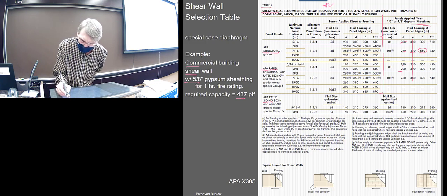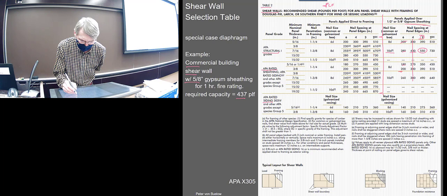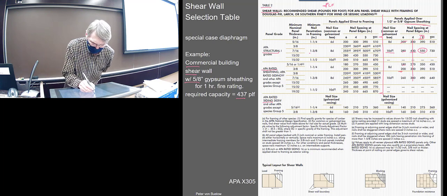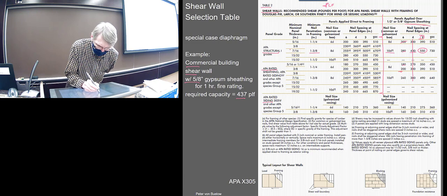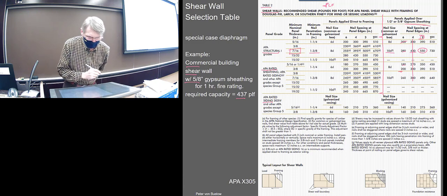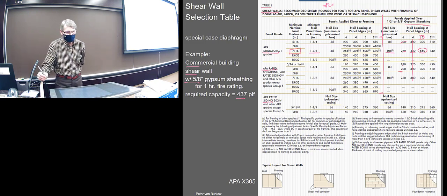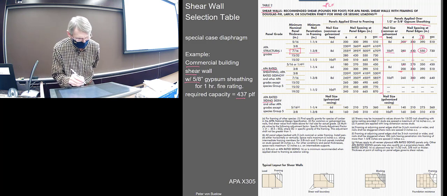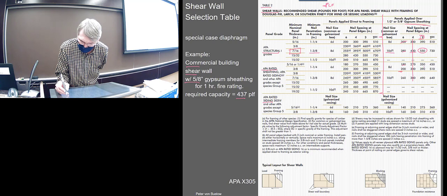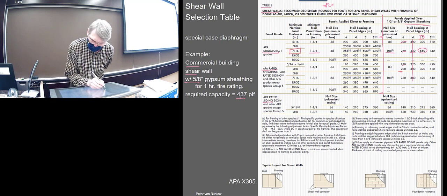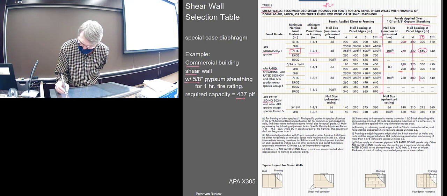This would be nailing at 3 inches on center with 10 penny nails, and that's the penetration, sorry, 7/16ths. Oh, that's a structural. Ooh, I didn't want to use the structural. Okay, but that would be with the structural. If I didn't want to use the structural, could I get away with that? 437, I'd have to come all the way down here.